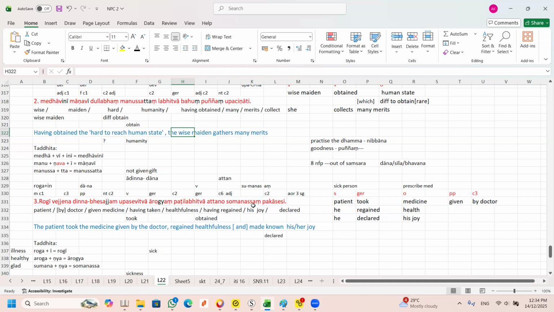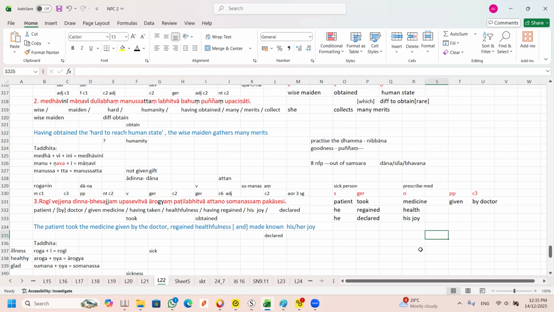So this somanasang means joy. Joy, that means a happy state of the mind. So this is atano. Atano means self. That means what you do is here, self, this is case 6, his joy. He declares his joy.